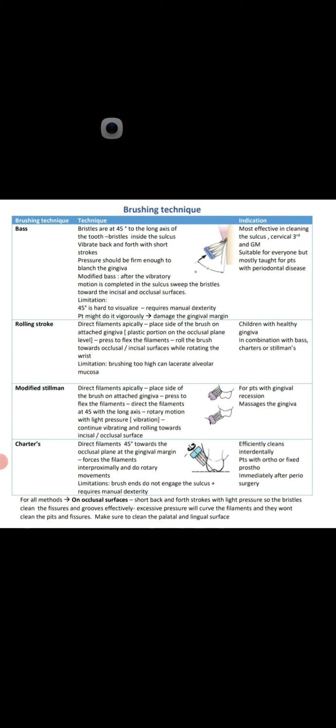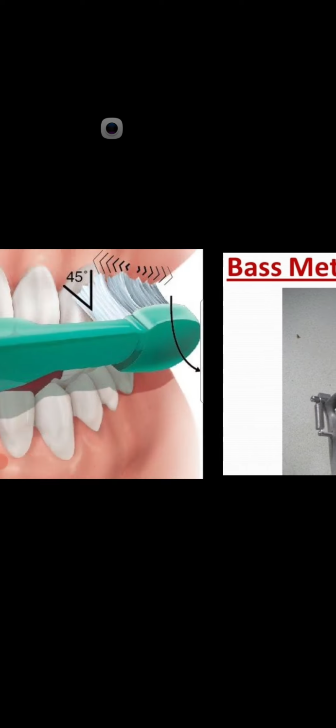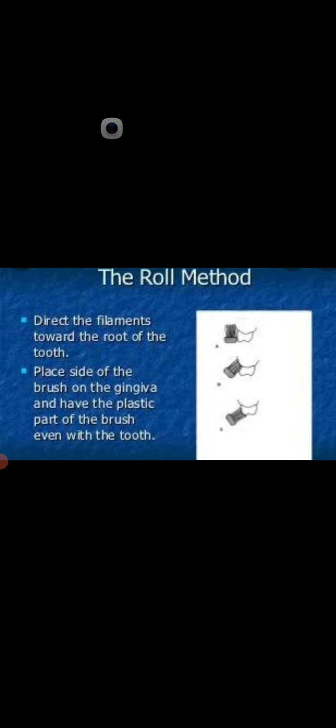Now come to the rolling stroke. This is the rolling stroke, the roll method. In the rolling stroke, we place the bristles apically and the plastic part of the side of the brush with the teeth.